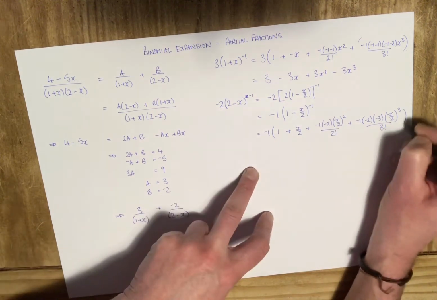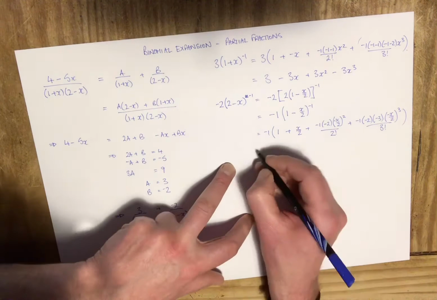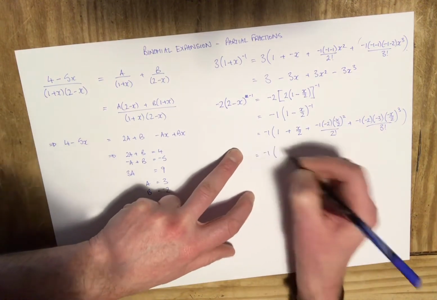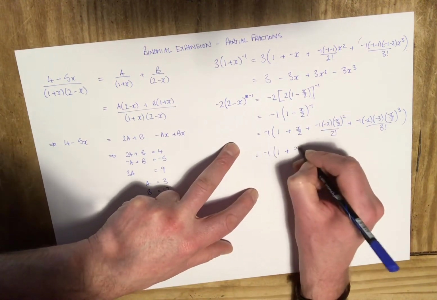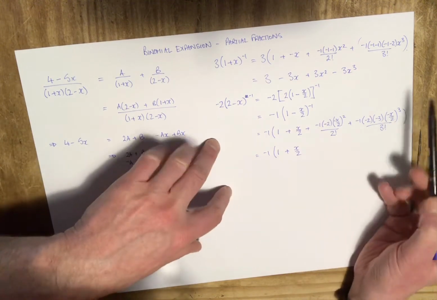That should be 2 factorial, and we'll stop it there. This could take a little while to work out. 1 plus x over 2. Right, scope for error here, I think.